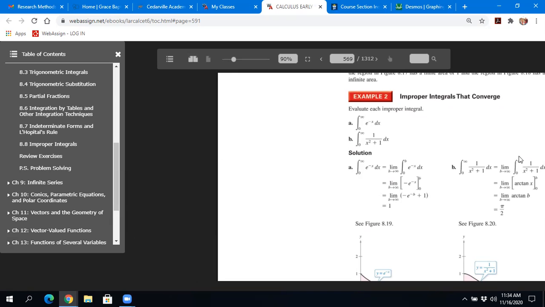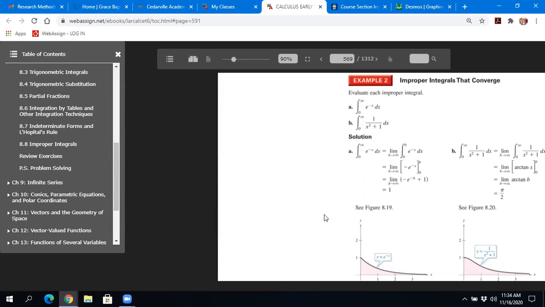What should this say up here? b, okay? You take the antiderivative of that, that's arctangent of x, and you plug in b and 0. The arctangent of 0 is 0. The arctangent of b as b goes to infinity, arctangent goes to pi over 2. Okay? So this thing goes to pi over 2.